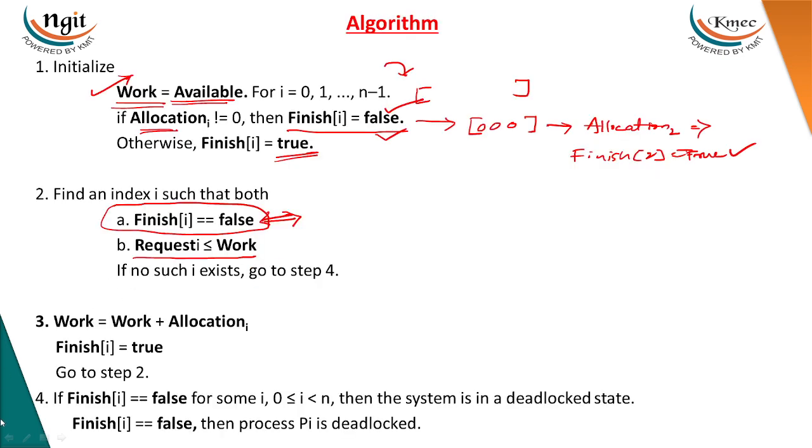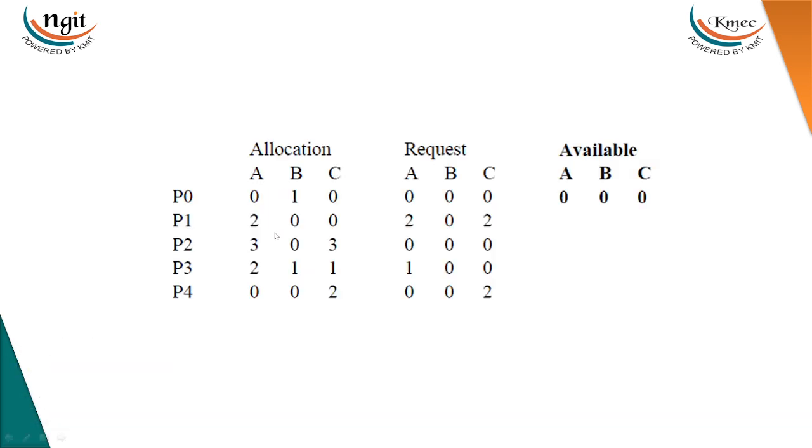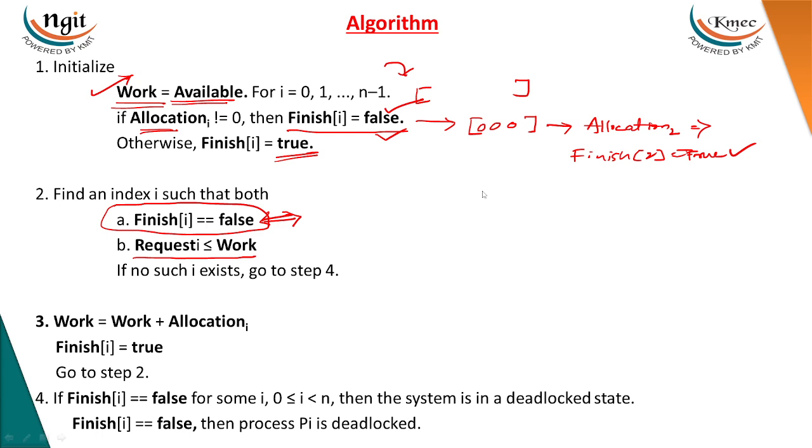So if Request is less than or equal to Work, even though there are no available resources, both are zeros, request 0 and available 0. Then 0 0 0 is less than or equal to work, which is also 0 0 0. There are no currently available resources. If this is true, yes, then go to the next step.